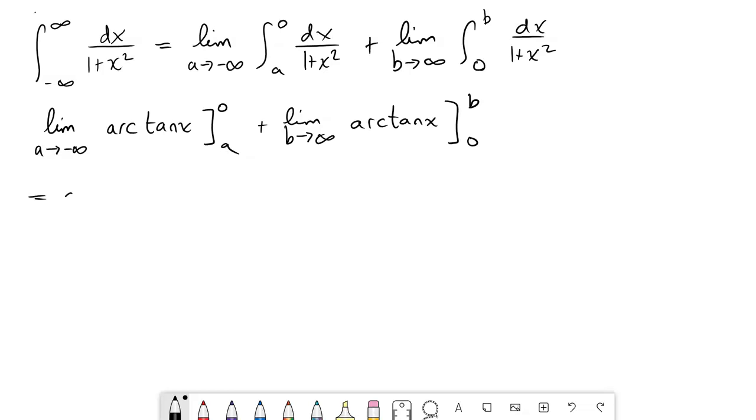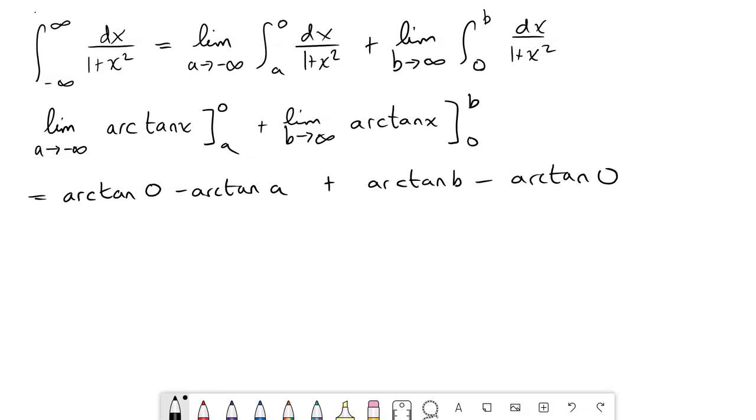So arctan of 0 minus arctan of a plus arctan of b minus arctan of 0, and hopefully you know what these arctan values are. You can use your calculator if they allow a calculator.